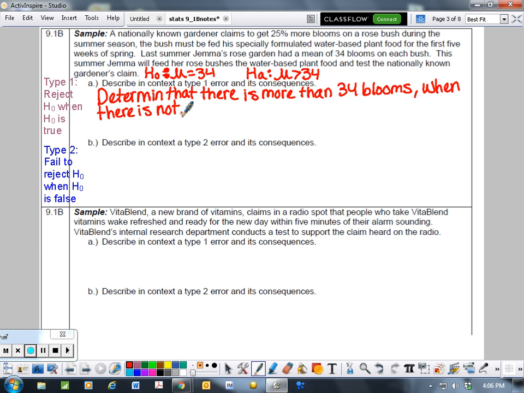So what's the consequence of that? So we think this food is working, we're paying all this expensive money for this food for our plants, and really it's not doing anything.